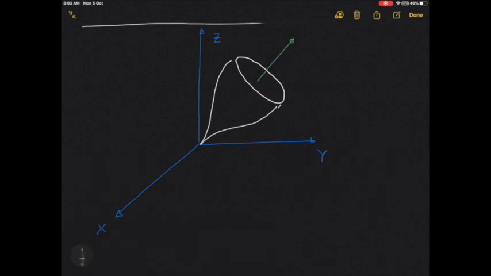So that's my symmetric top. Remember, this angle is theta, and theta oscillates between two extremas. So you can think of these two lines. So theta will go back and forth between these two.